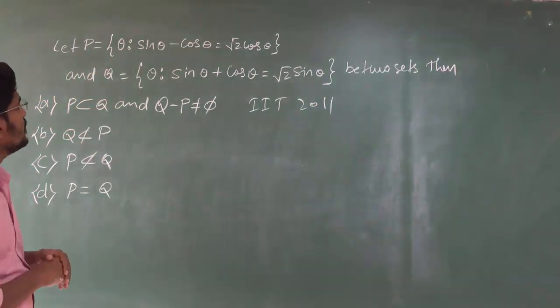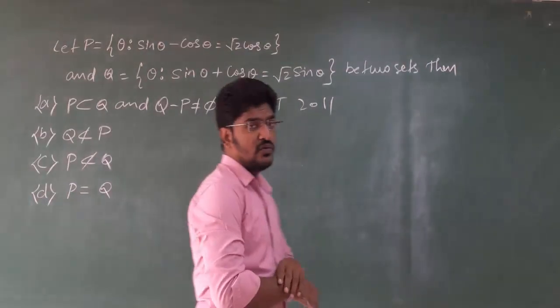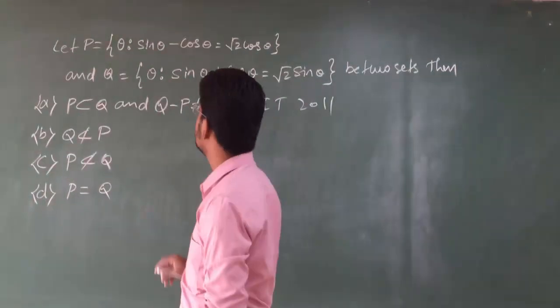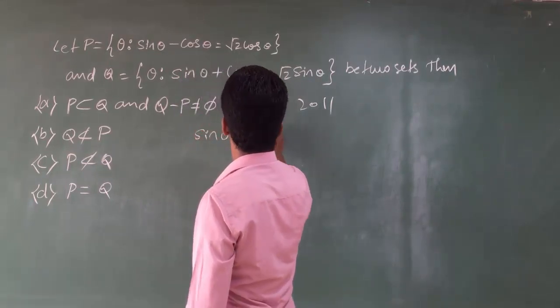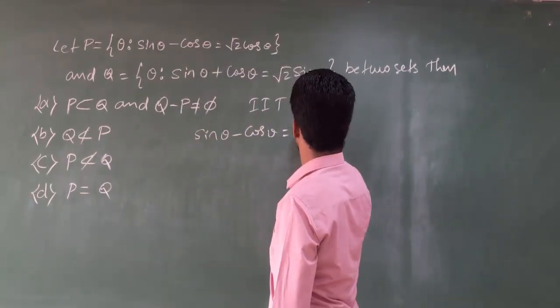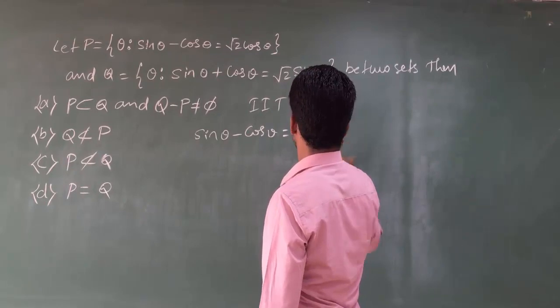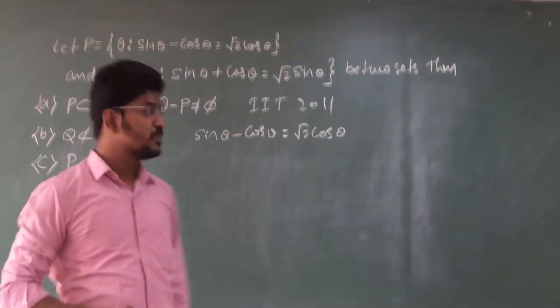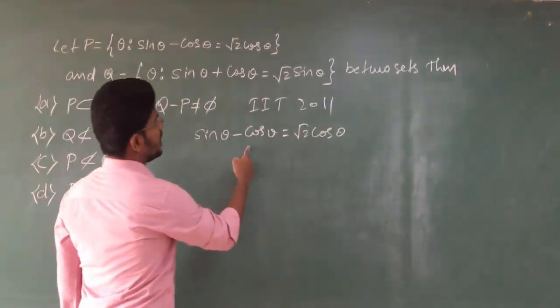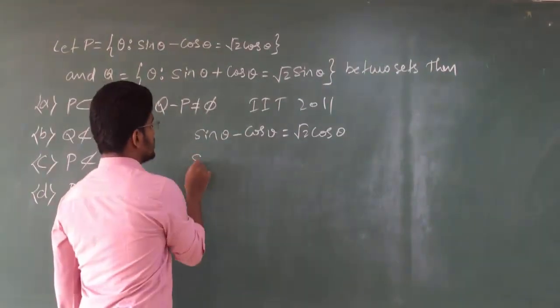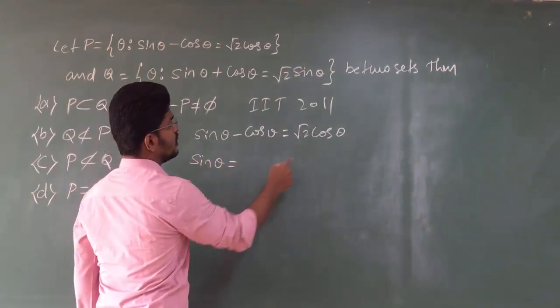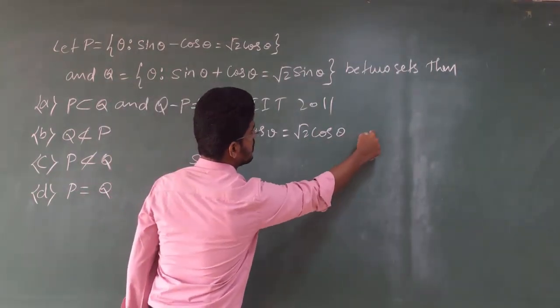Okay. So now let us solve the first set, that is sin theta minus cos theta equals root 2 cos theta. If I take minus cos theta to that side, it will be plus cos theta. That is nothing but sin theta equals root 2 cos theta plus cos theta.